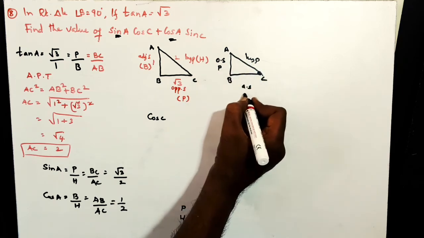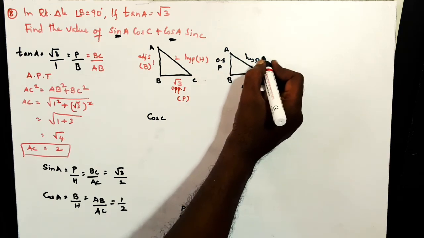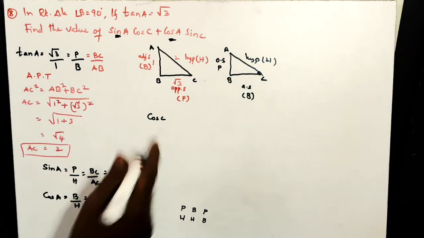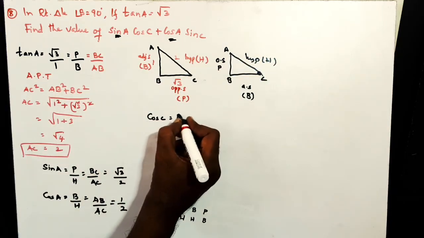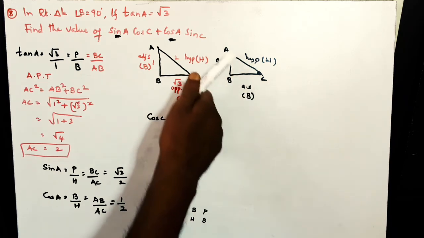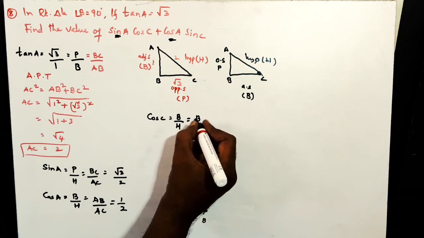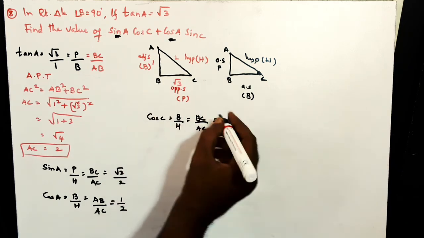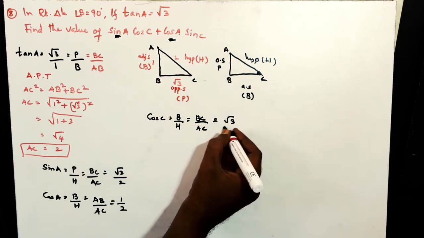Opposite side P, here base and here H. Now cos means B by H. B means BC by AC. So what is BC? Root 3. AC is 2.